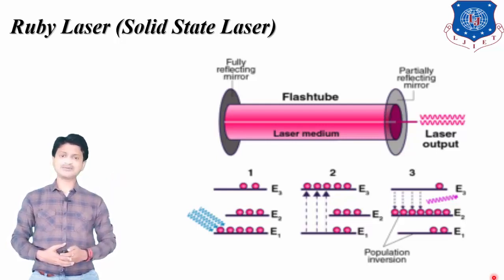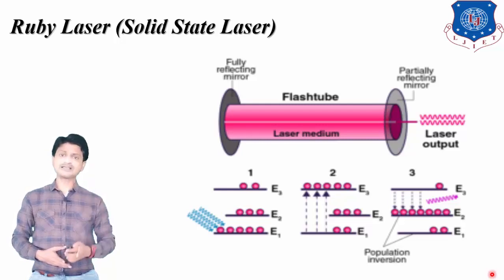Here the metastable states are E3 and E4. A very intense flash from the xenon tube produces population inversion in these states, where the mean lifetime is a few milliseconds. The transition of atoms from E2 to E3 and E4 is non-radiative, as this energy is converted into vibrational energy of the atoms in the crystal.